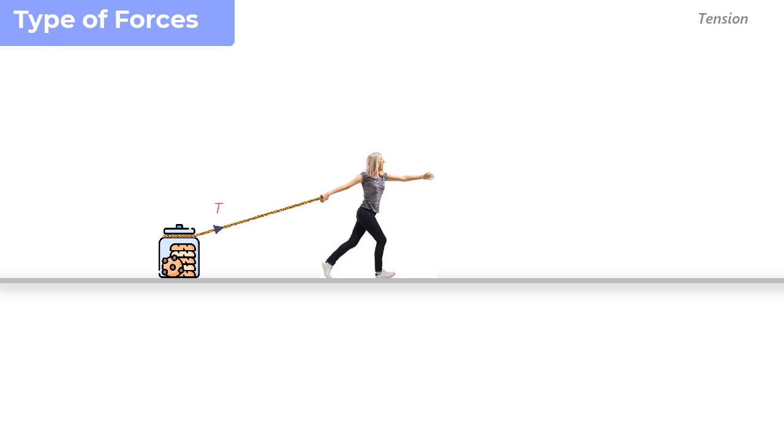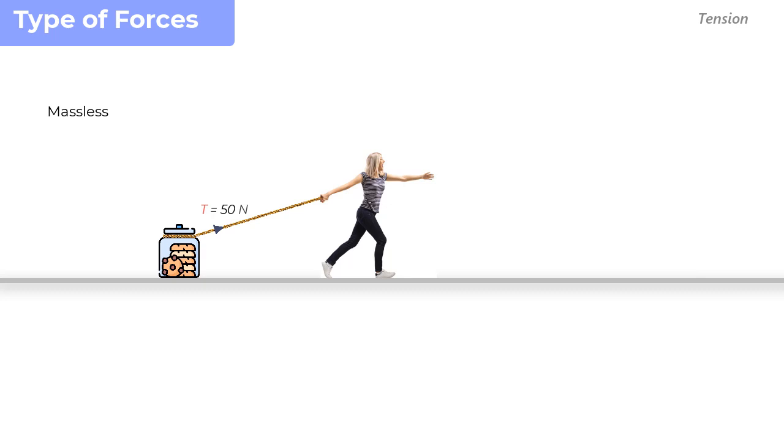And we say that the tension in the rope is the magnitude T of the force on the body. So if the force on the body from the rope has magnitude T of 50 newtons, the tension in the cord is 50 newtons.